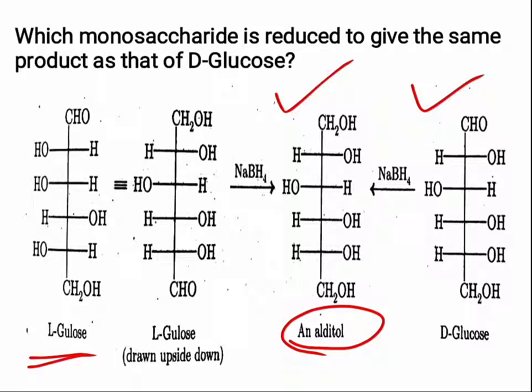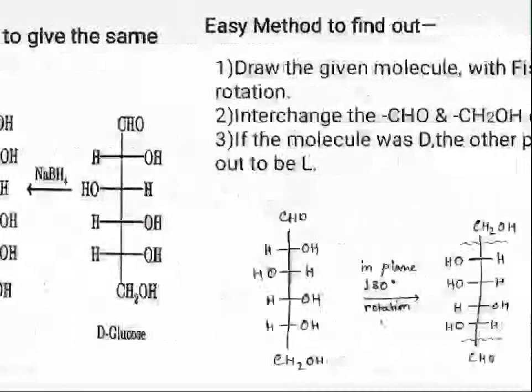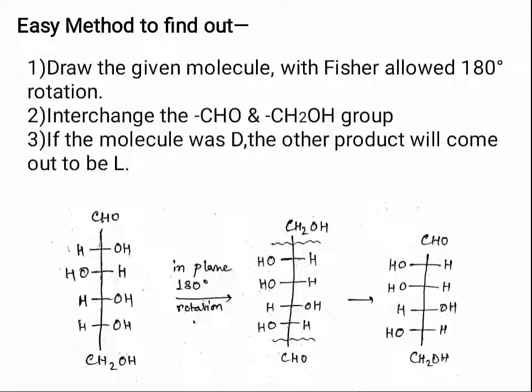If you take L-glucose and reduce it, you will get the same alditol. How to get to the answer, I will discuss it later. Oh yeah, I have discussed it here.